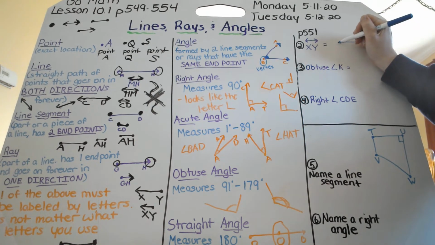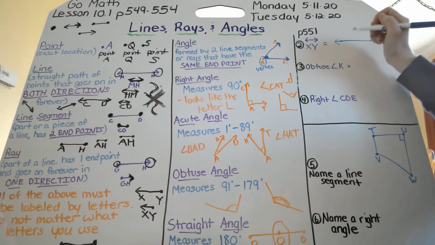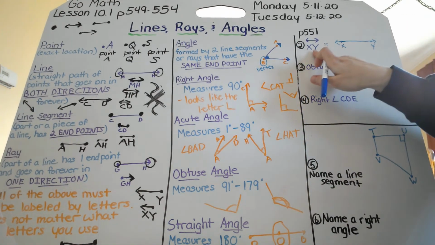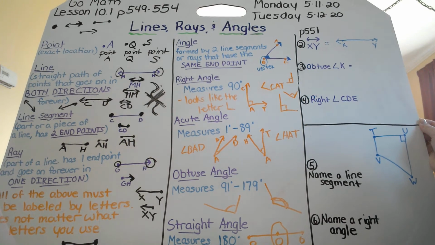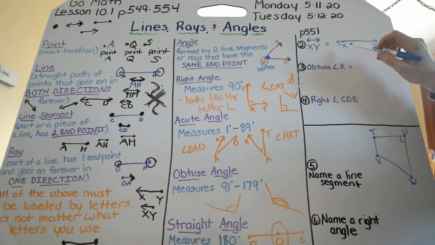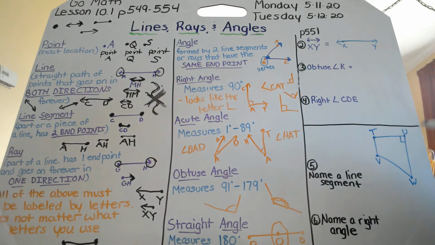It goes on in both directions, and label it X, Y, because it's telling you what to label it. We can't use any letters here. We have to use the letters that our book wants us to use, okay? So this would be line XY, because it's going on and on forever in both directions.